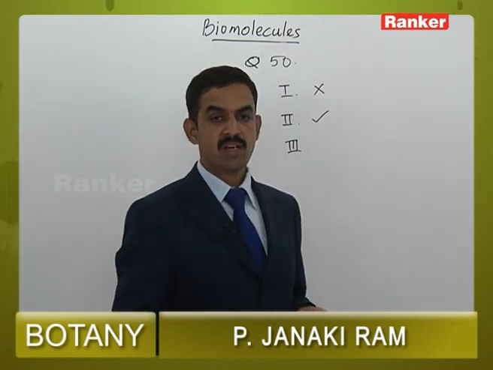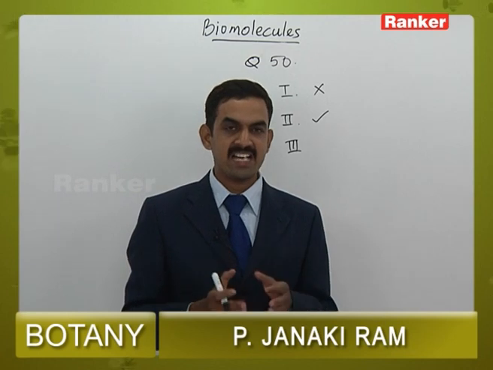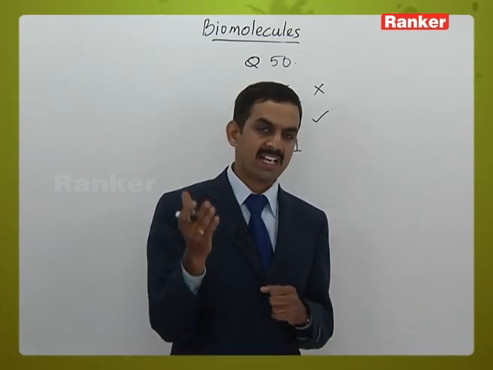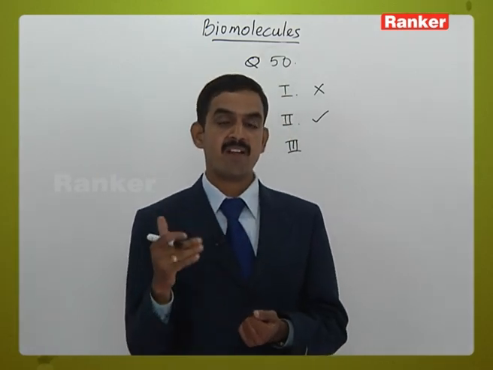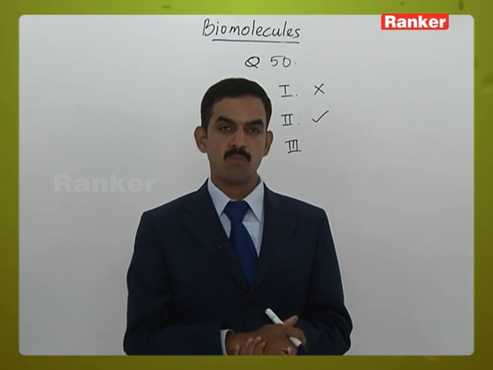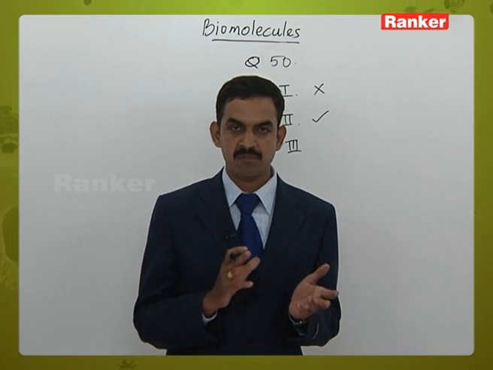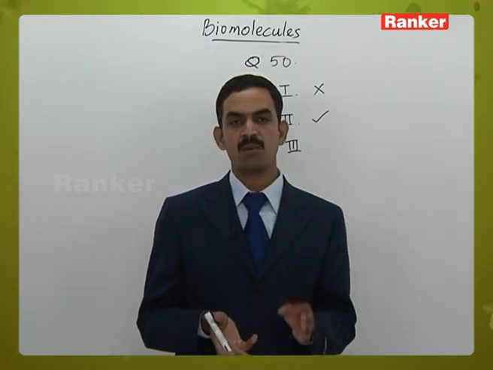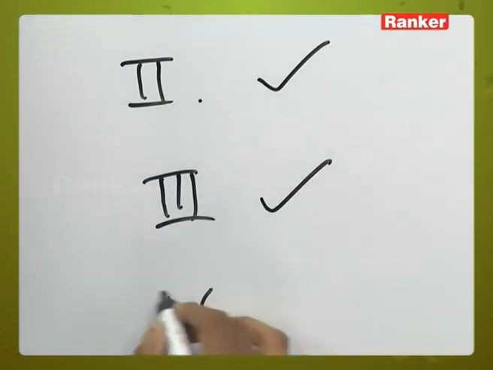Then the third one: chitin is a heteropolymer, and chitin is a nitrogen containing polysaccharide molecule. It is a heteropolymer, that is, it is made up of different types of monomers, or we can say monosaccharides. Different types of monosaccharides form a heteropolymer molecule called chitin. So 3 is correct.